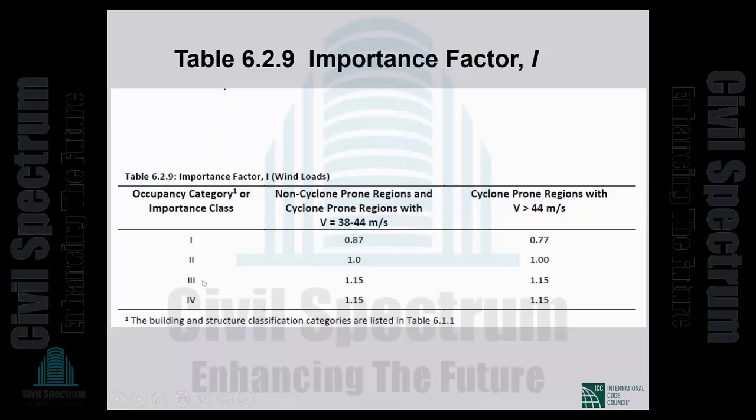That would be occupancy category 3, where a lot of people congregate in one space at one time, or occupancy category 4, essential facilities and hazardous facilities. 2 is standard occupancy building, 1.00, and for the unimportant building, it is 0.87 in inland areas and 0.77 in cyclone prone regions, and those are defined. It's wind velocity more than 44 meters per second. This is wind velocity between 38 and 44 meters per second.